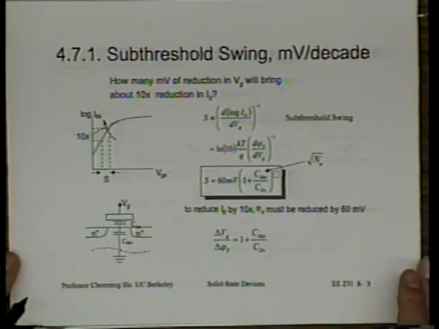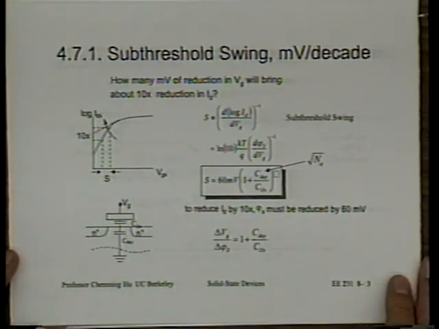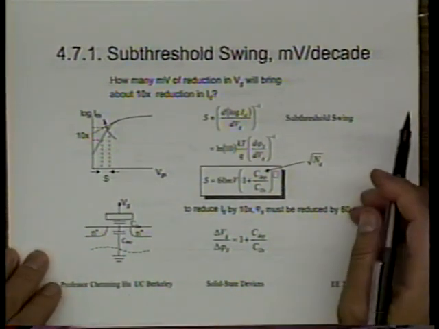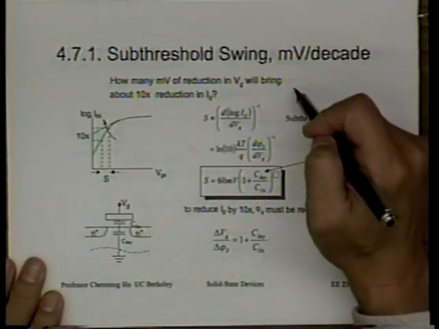If we make that assumption, then the relationship between phi s and Vg becomes quite simple. And in fact, I don't think it's worthwhile deriving that. I did not derive it, so let me just remind you what we have seen before.